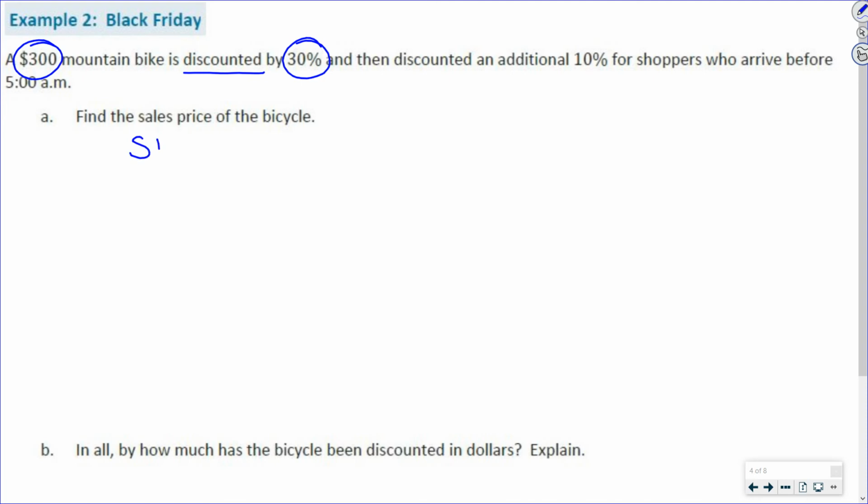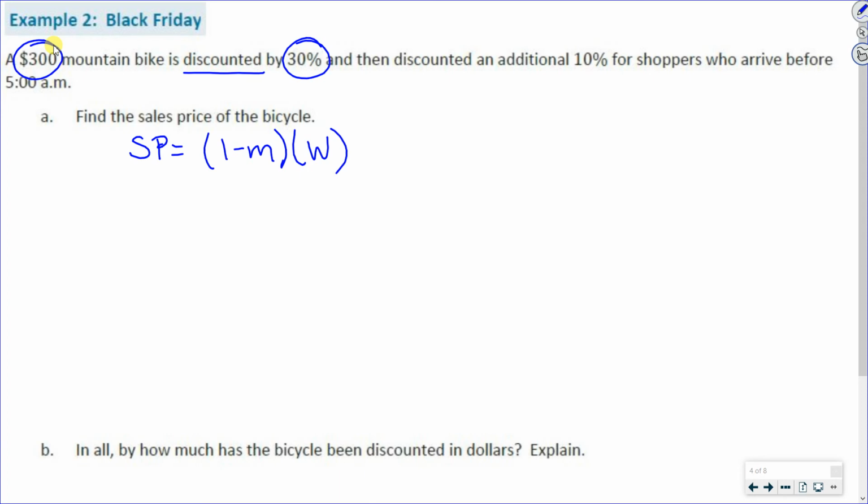So the selling price equals 1 minus M times the whole. Mr. Hale, why am I doing 1 minus M again? Well, you got to remember, this is a markdown, so we're actually decreasing the original price. $300 represents 100% of the price. We're reducing 100% of the price by 30%. So we're only getting about 70% of the value of the bike.